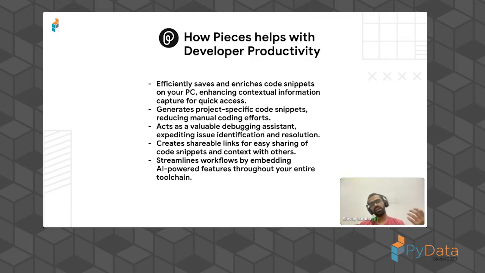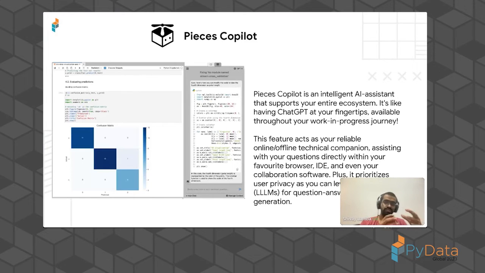And then of course, you can integrate that with another piece of code, which is the Pieces Copilot, which essentially means that, similar to Chat GPT, because a lot of us might be using Chat GPT to ask a question, for example, let's say you're stuck on a bug, and you end up asking Chat GPT, hey, how could I resolve this particular issue?